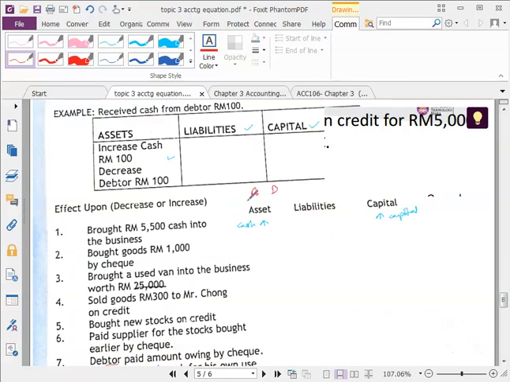Drawing, ada tak berkait dengan drawing, ada tak dia berkait dengan expenses, capital, revenue ataupun dengan liability.